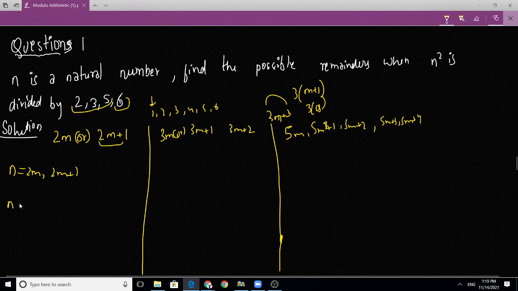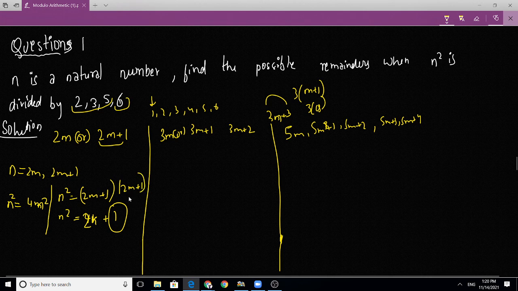So n square equals 4m square. So the remainder when n is divided by 2. So I have two cases here. So n square equals 2m plus 1 whole square, and I get n square equals some 2k plus 1.